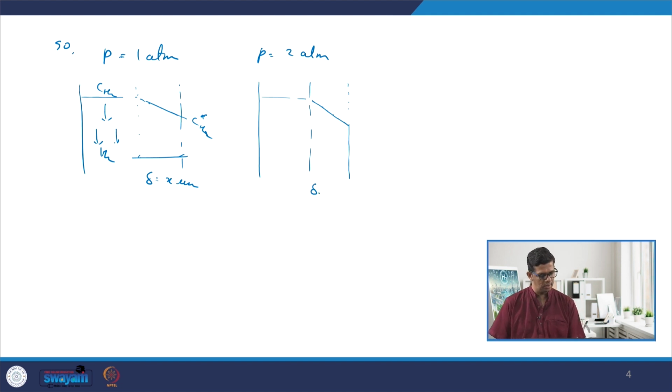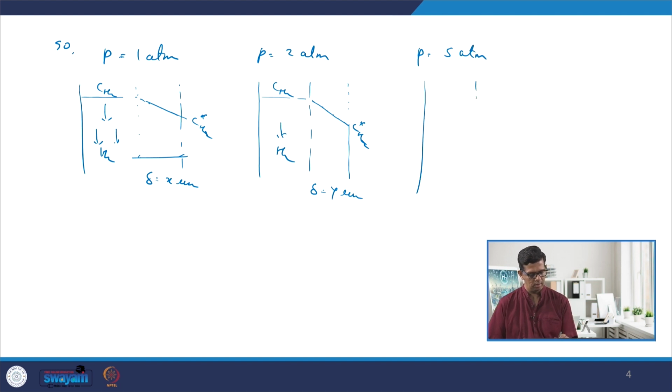So, let us say delta is y microns, this is again CH2 and this is C star H2. And if you increase the pressure to, let us say, 5 atmosphere, this delta will further decrease.